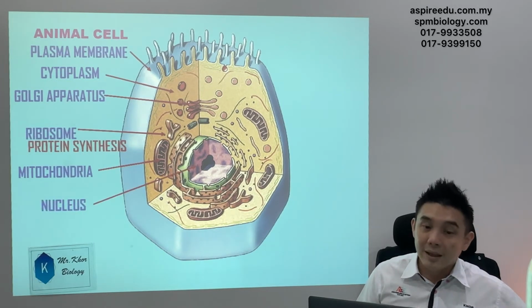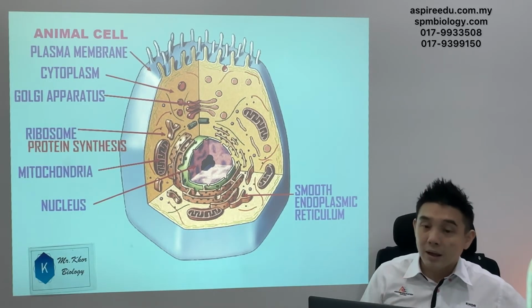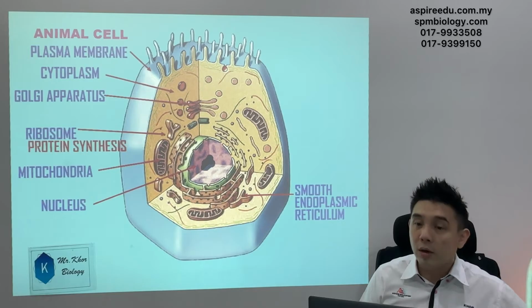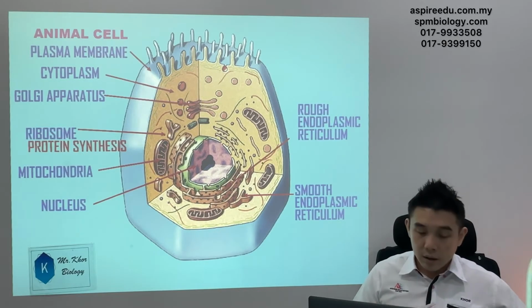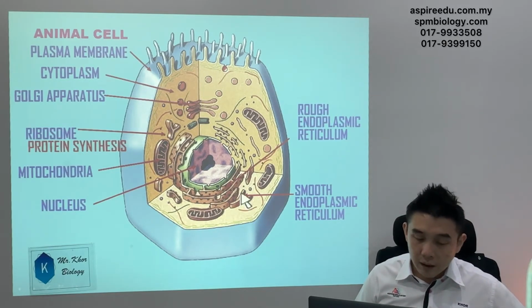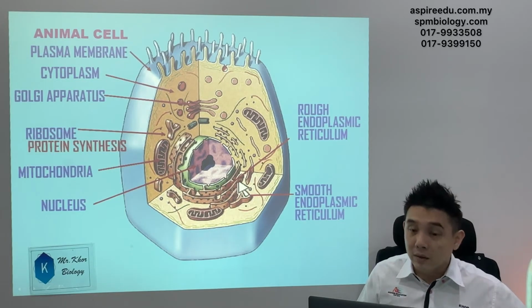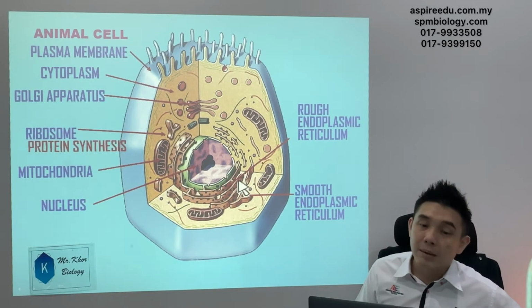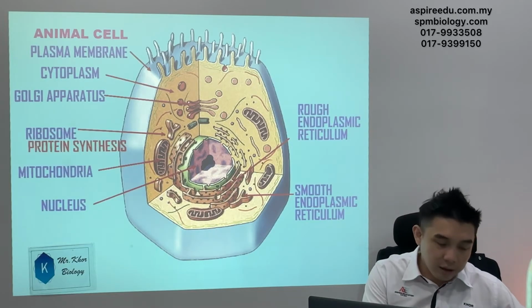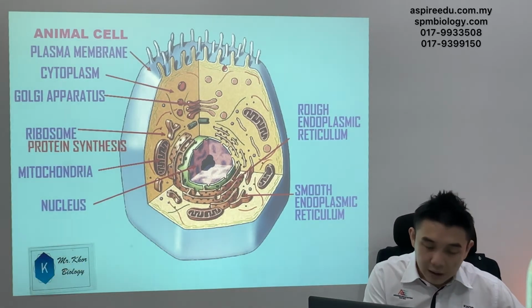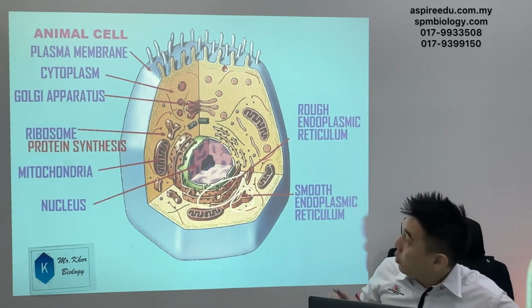Okay, nucleus. Okay, hold on, guys. Let me show you one more. This is smooth endoplasmic reticulum, while the one on top is rough endoplasmic reticulum. Question, what difference do you notice? If I circle for you, what do you see?